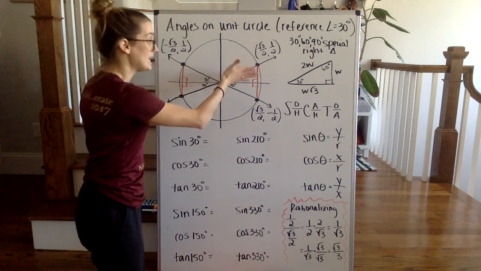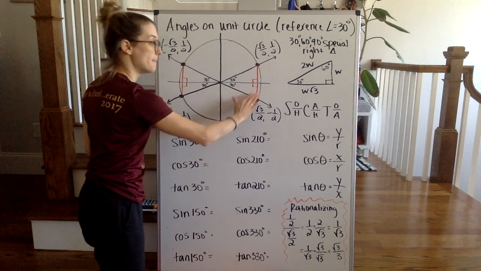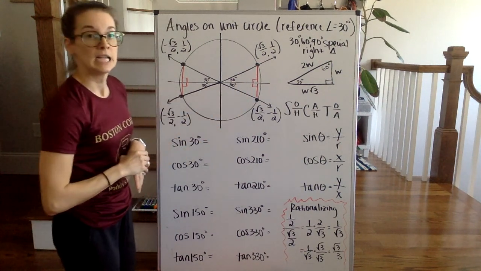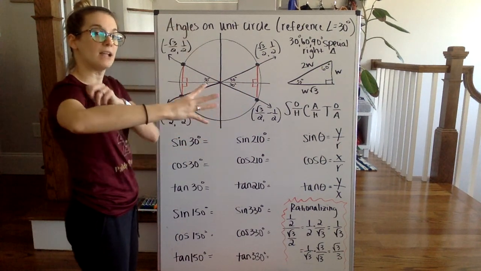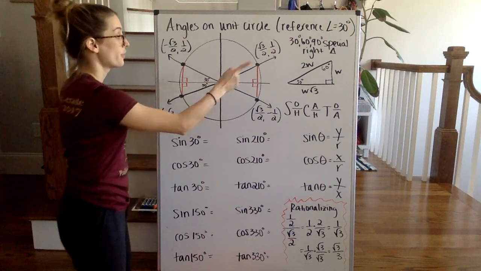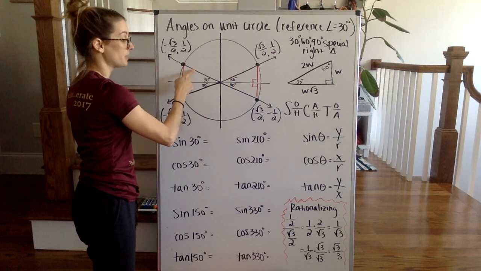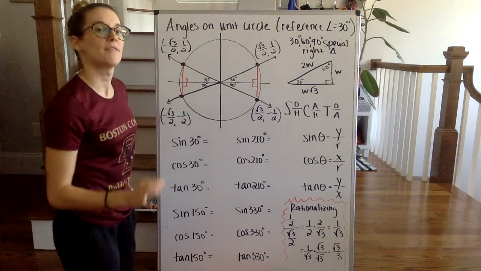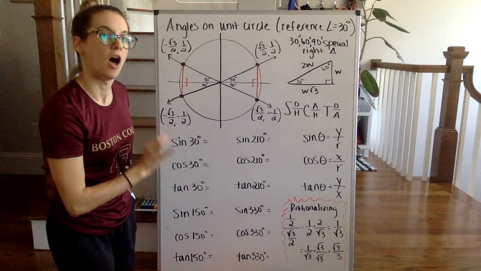Another way to think about that, it's a full circle of rotation minus 30 degrees, minus the reference angle, 330 degrees. So what we have are 4 related angles, 4 bow tie angles, 30 degrees, 150 degrees, 210 degrees, and 330 degrees. They all have the same reference angle of 30 degrees.